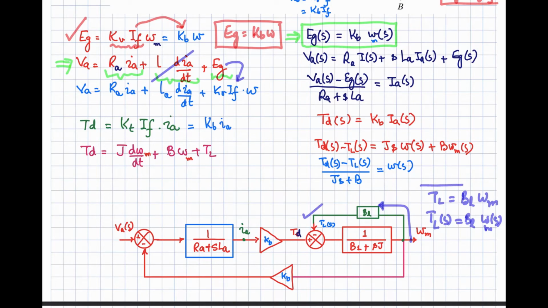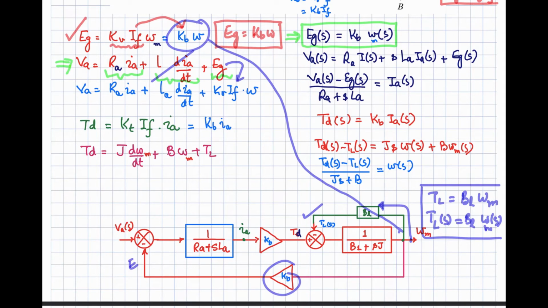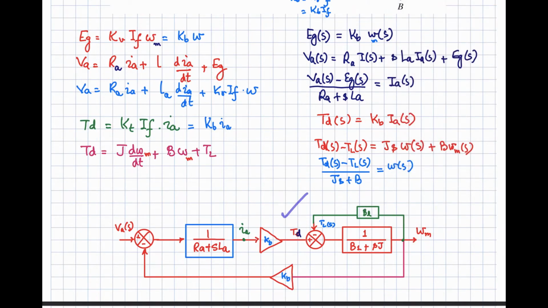So we are modeling the load with the help of this equation. Now this Vm into KB, we feed back, and this is basically Eg. Here we have Va minus Eg, which is passed through this block, and so on. So you can represent your machine with the help of this control diagram.